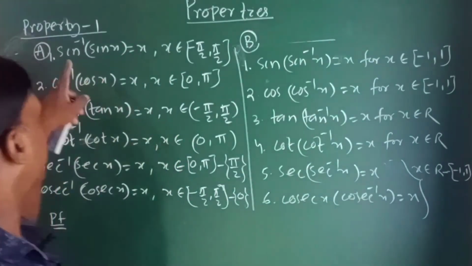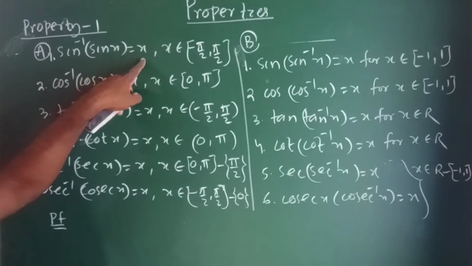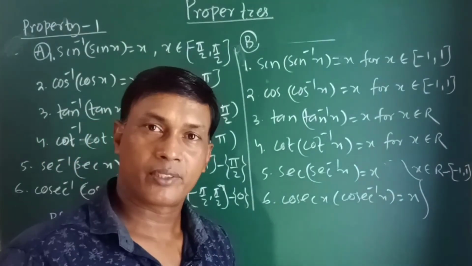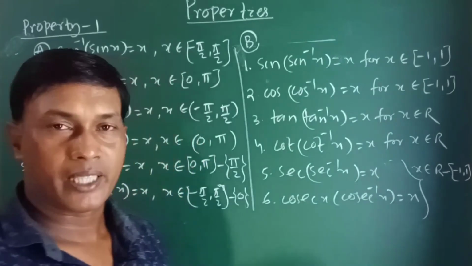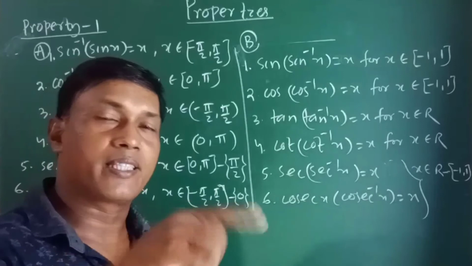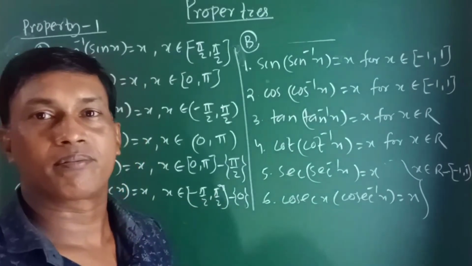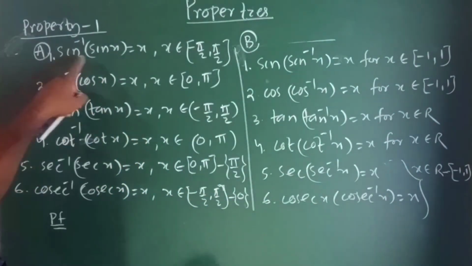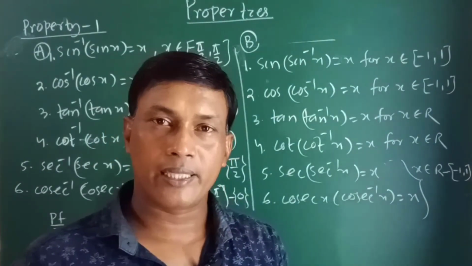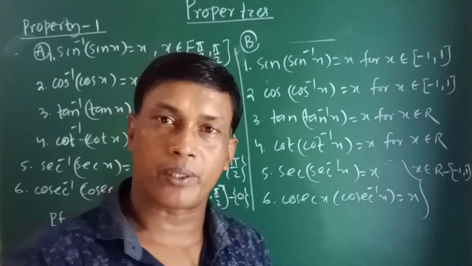Now if sine inverse of sine x is x, look here, this is a composition function f of g. In the case of f of g, the domain lies on g, the right side function. This is the shortest trick to remember the domain of a composition function.